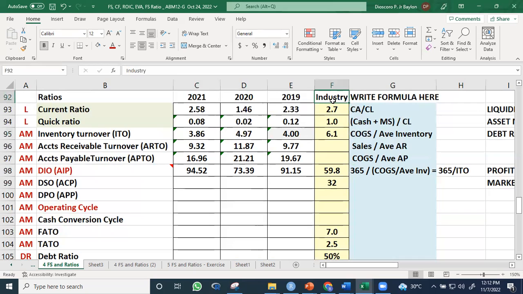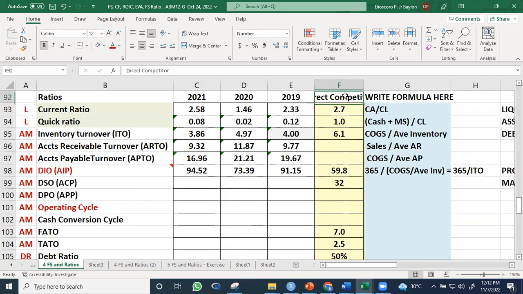Gawin natin tong direct competitor na lang, para nakafocus lang tayo sa isang company. So si direct competitor, 6.1 yung ITO niya, while we're only doing 3.9. So we pale in comparison with the direct competitor kasi nga, mas mabilis siya.